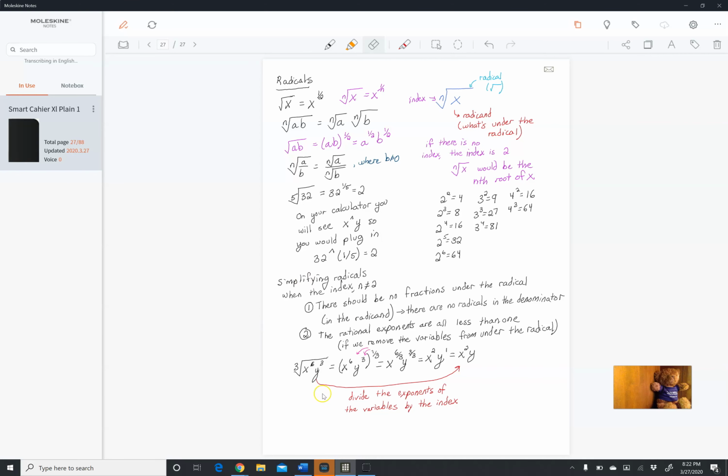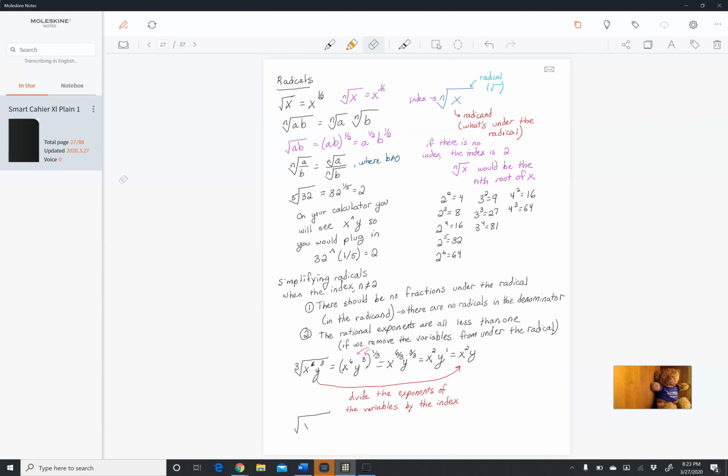And that's how we simplify a radical with an index that's not 2. Even if the index were 2, you would be doing the same thing. So if we had, for example, something very similar, we haven't really worked with square roots that had variables raised to powers.